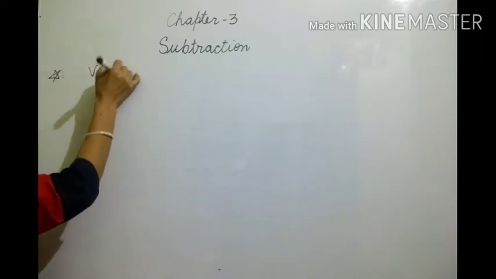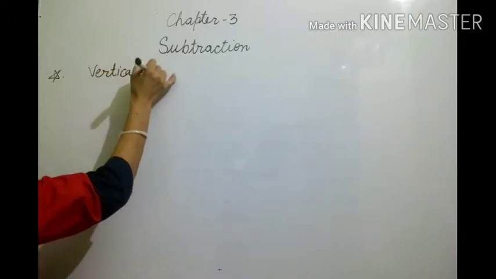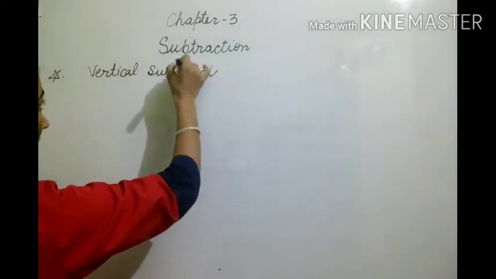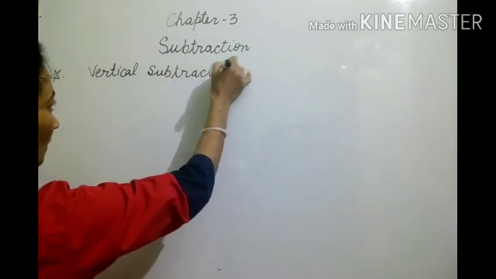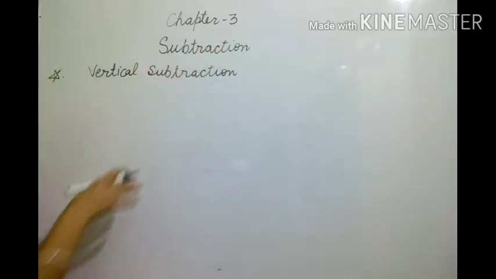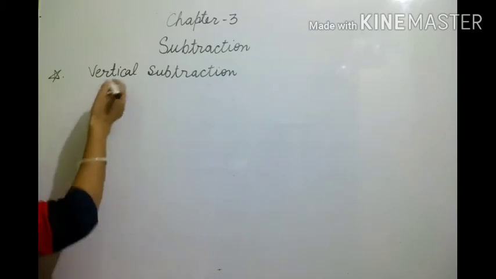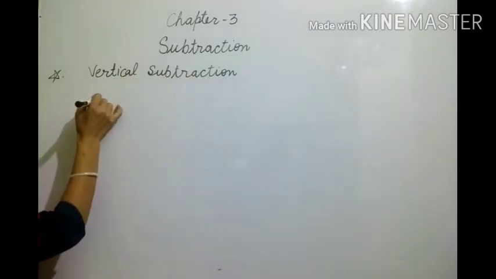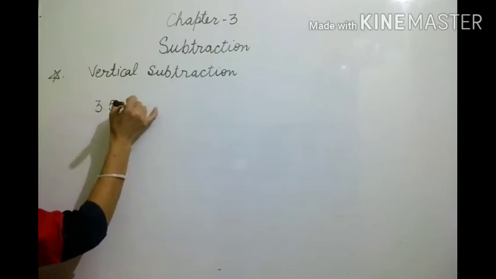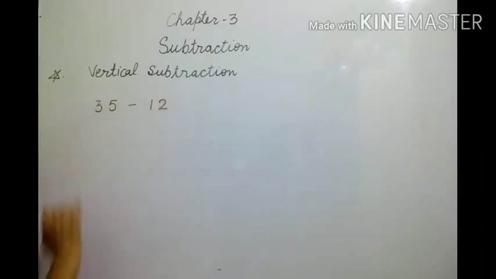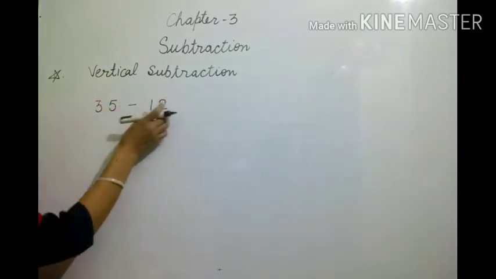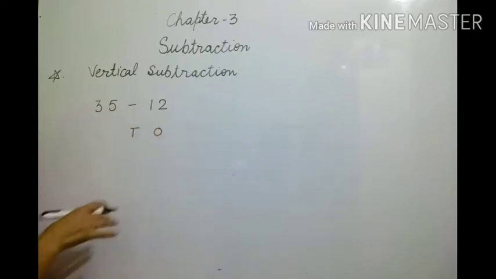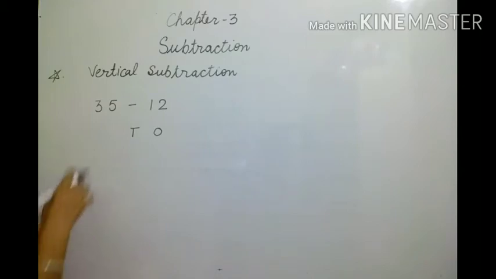Vertical subtraction. In vertical subtraction, we arrange the numbers in columns, like 35 minus 12. 2-digit numbers we take, as we did addition in the second chapter.